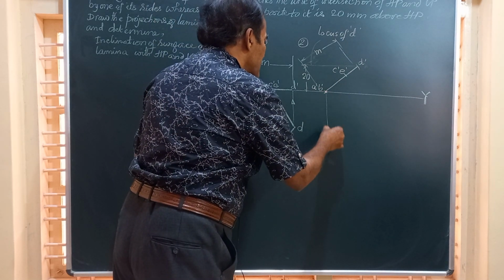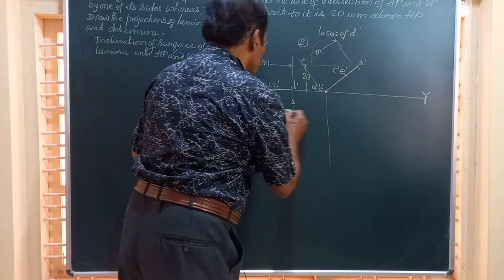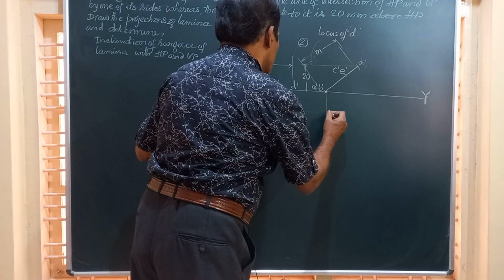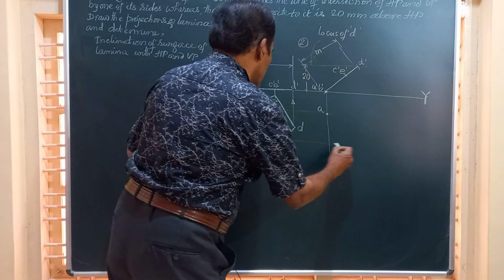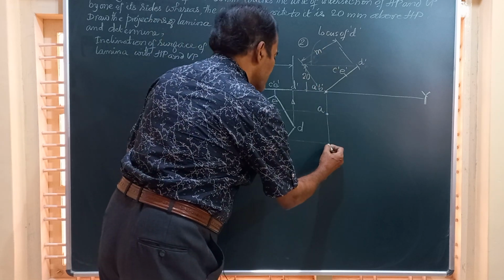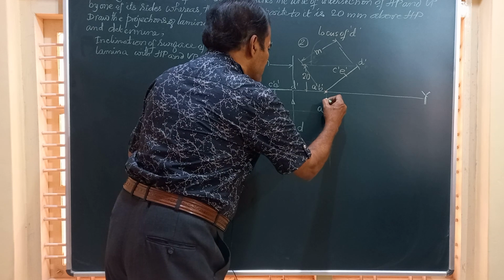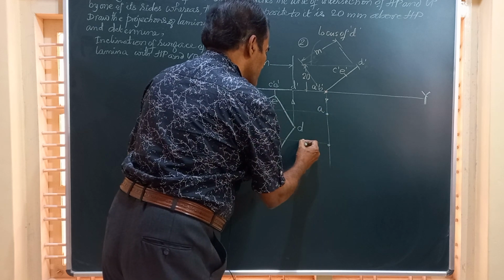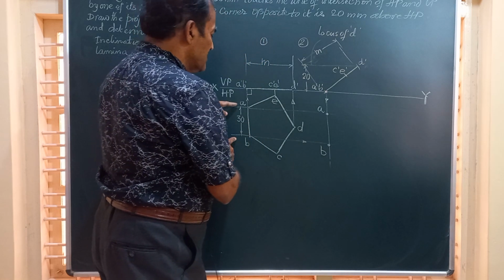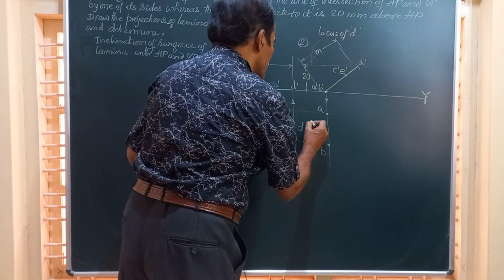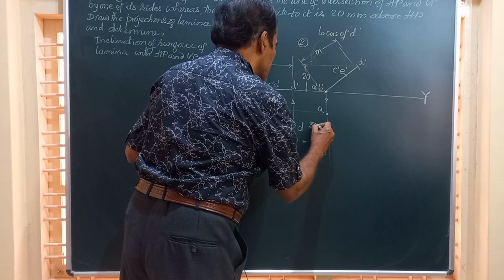So draw a horizontal line from here. This point represents A. Similarly, a horizontal line from here, a vertical line from B, the point of intersection will give you point B. And remember, this distance AB is the same as this, and even this will be 30.